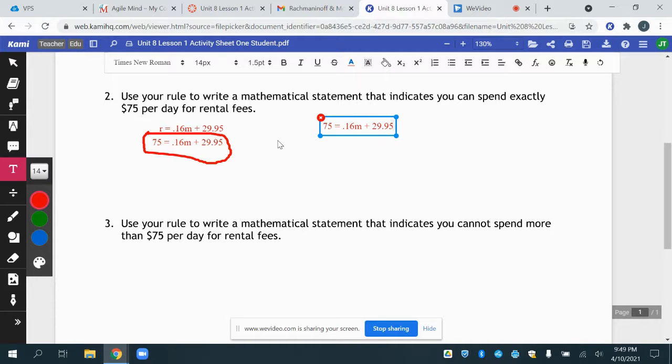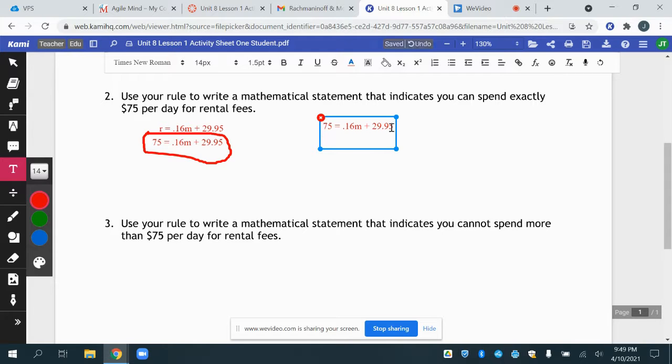I want to figure out how much that costs. Okay, well, I have everything. Well, I know it costs $75. I just want to know how many miles I can drive. Maybe I get to 40 miles and I'm like, oh shoot, I've got to turn around and go back before I stay out here too long and I waste money that I don't have to spend. Okay, so the first thing I would do, just like I said, is I would take away $29.95 from 75. Here's what it looks like in algebra.